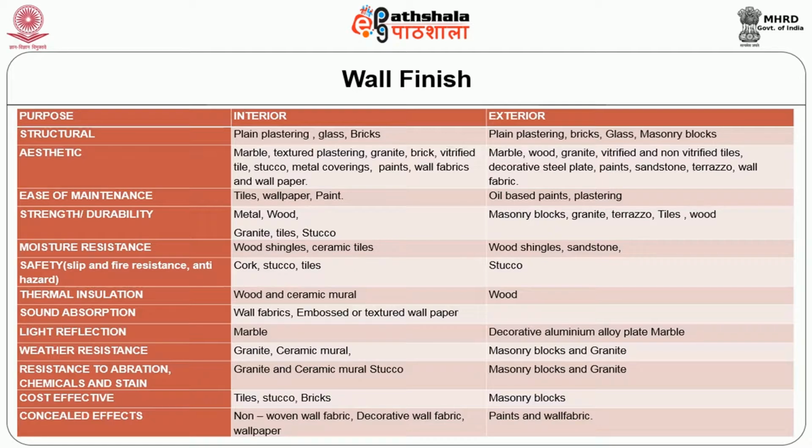The different purposes such as the structural, aesthetic, ease of maintenance, strength or durability, moisture resistance, safety, thermal insulation, sound absorption, light reflection, weather resistance, resistance to abrasion, chemicals and stain, cost effectiveness and for concealed effects. These materials are suitably selected.